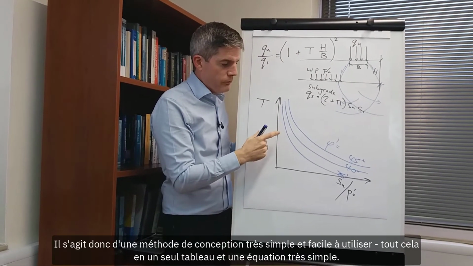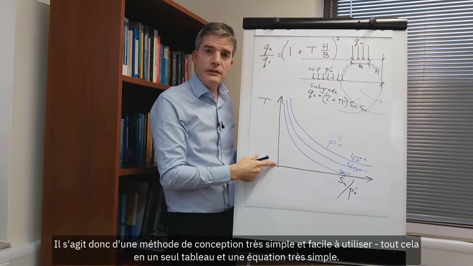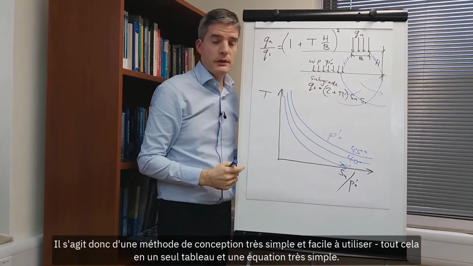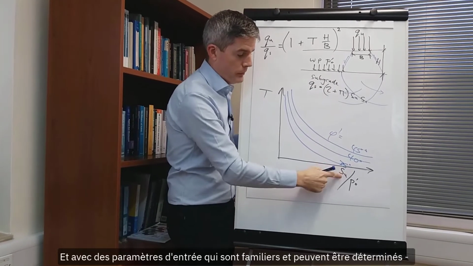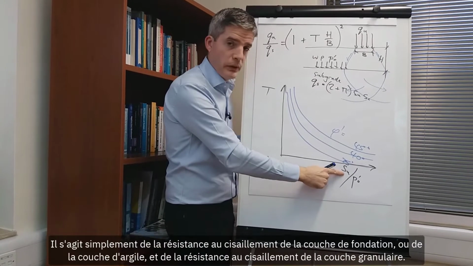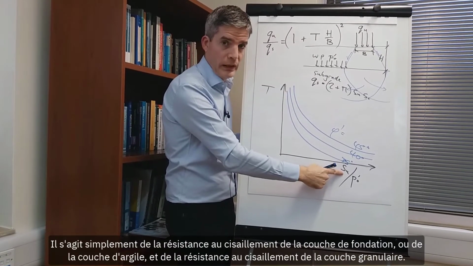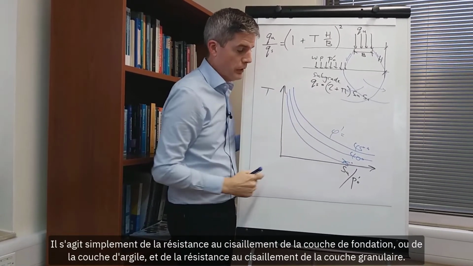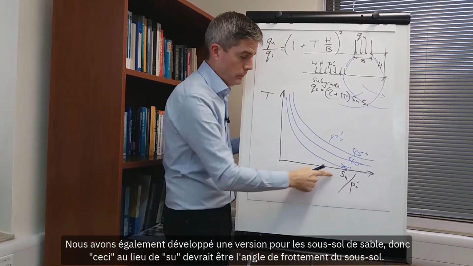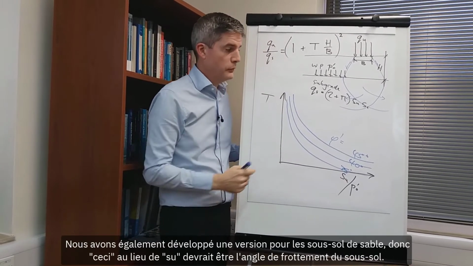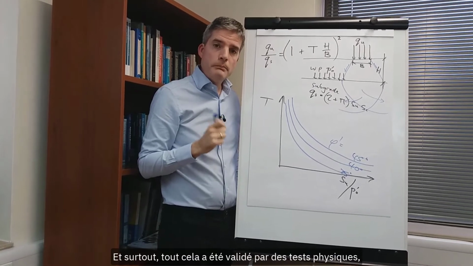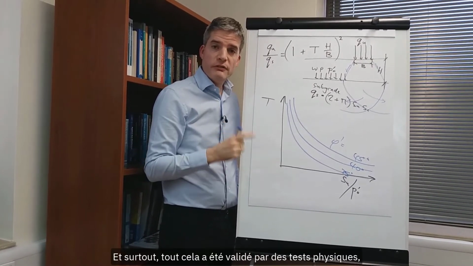So it's a very simple and easy to use design method, all in one chart and a very simple equation, with input parameters that are familiar and can be determined. Simply the shear strength of the subgrade for a clay subgrade and the shear strength of the granular layer. We have also developed a version for sand subgrades, where instead of SU it would need to be the friction angle of the subgrade. And most importantly, it's all been validated by physical testing.